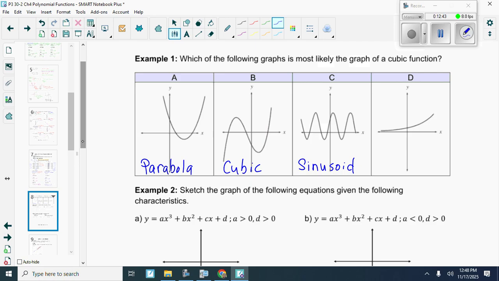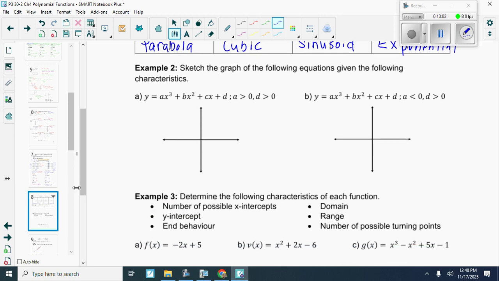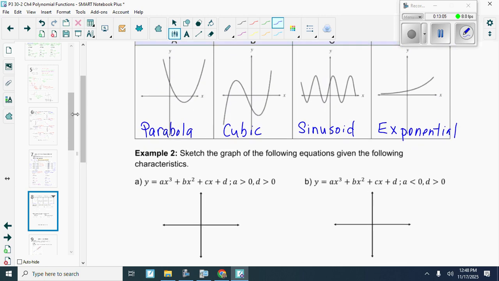Think of a bacteria in a petri dish and how it doubles and doubles and doubles. So this is called exponential. This is our next unit. We're going to be learning about exponential functions after this one.